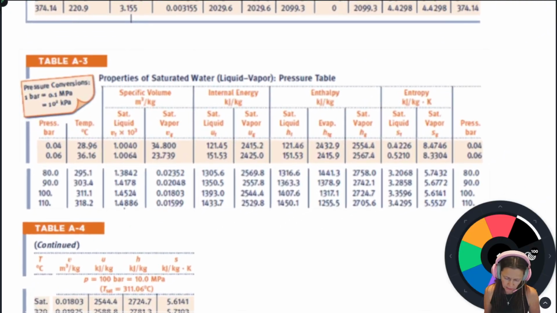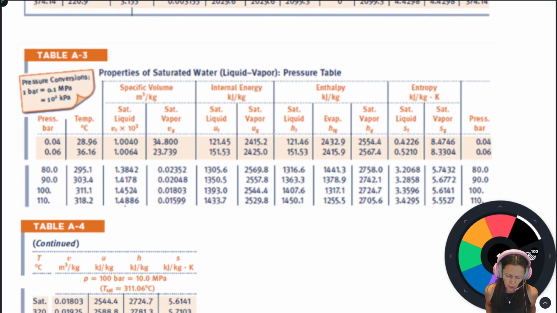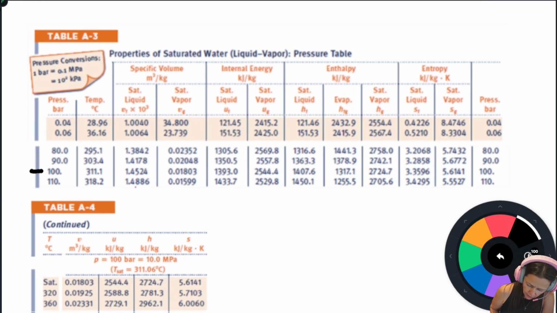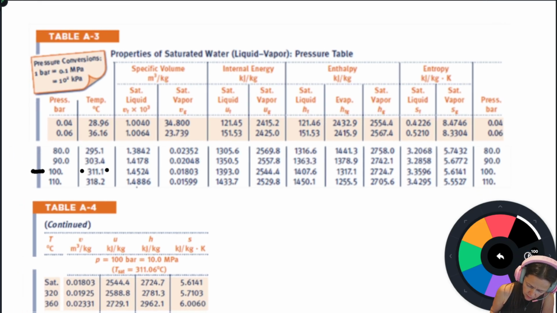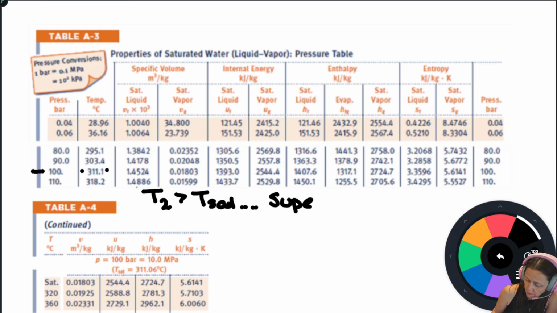Let's go to those saturated tables. So here I could see we're at 100 degrees Celsius, and I am above that saturation temperature. So by table A3, since my T2 is greater than Tsat, it is superheated.